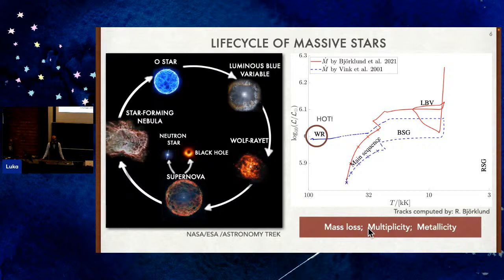Today, however, I will not be focusing on effects on the evolution, but rather on what causes the Wolf-Rayet star, which is indicated here in the circle as the product of this blue track, to lose its mass. An important point here is that, as you can see, when a massive star evolves to become a Wolf-Rayet star, it becomes very, very hot.